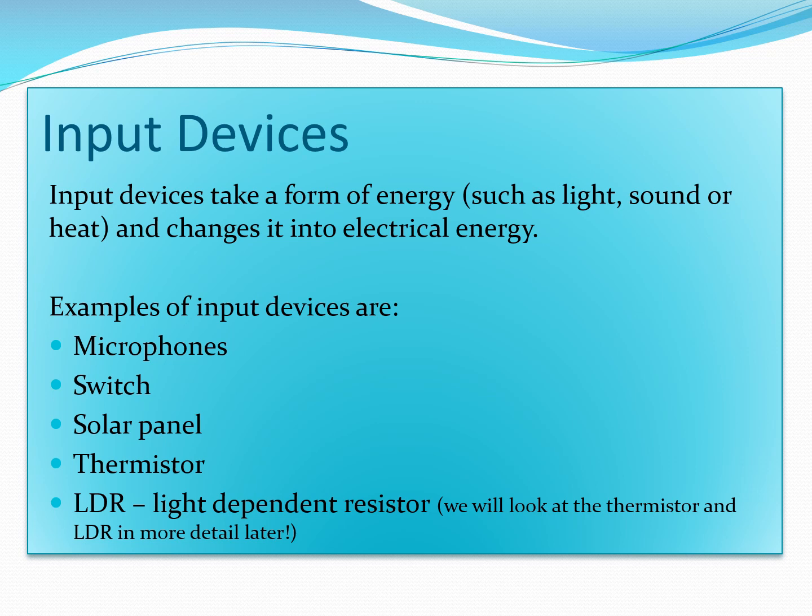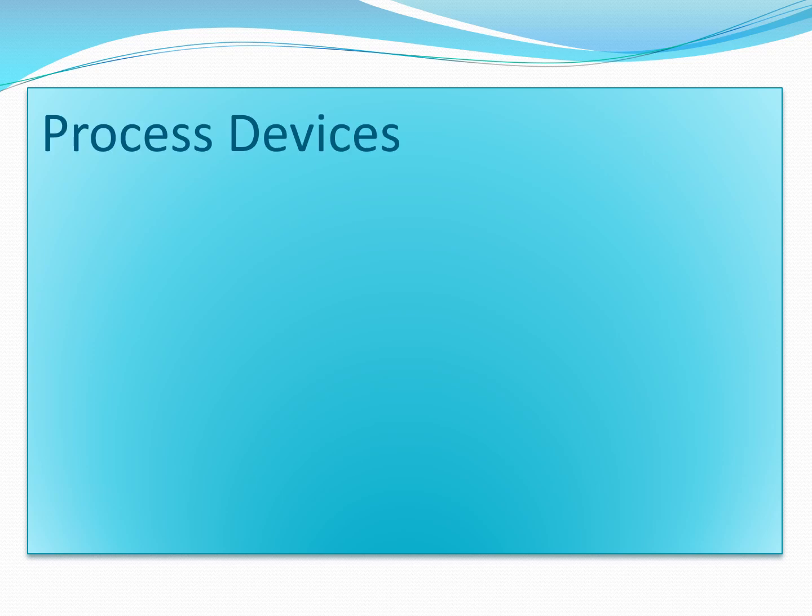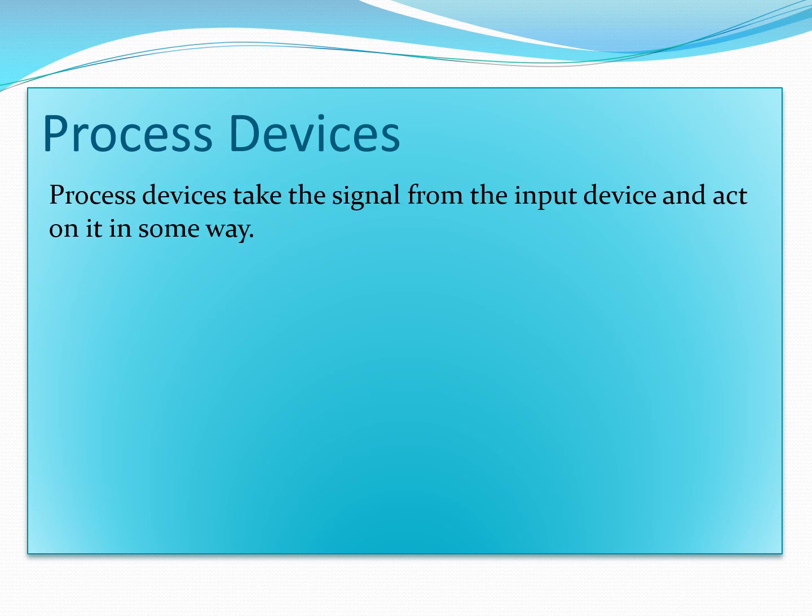Right, next let's look at the process devices. This is the middle of your three parts to an electronic system. What a process device does is it takes that electrical energy, that signal from the input device, and it does something to it. It acts on it in some way.